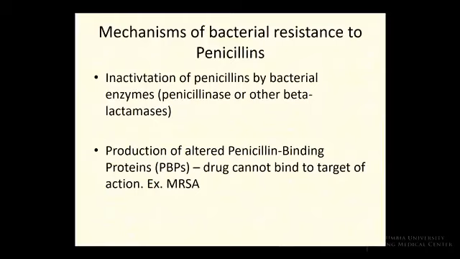So bacterial resistance to penicillins, I've mentioned this. So inactivation of penicillins by bacterial enzymes, penicillinase and beta-lactamase. Okay? Any organism that can produce beta-lactamase can be resistant to penicillin, and then the ones that produce penicillinase are going to be resistant to the penicillin G and V. Okay.